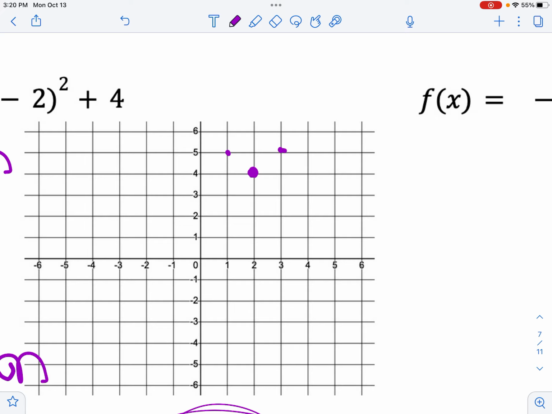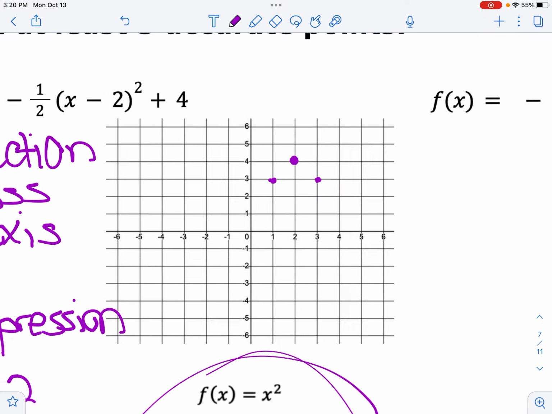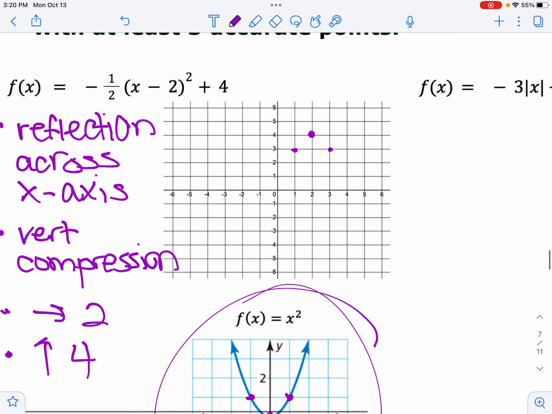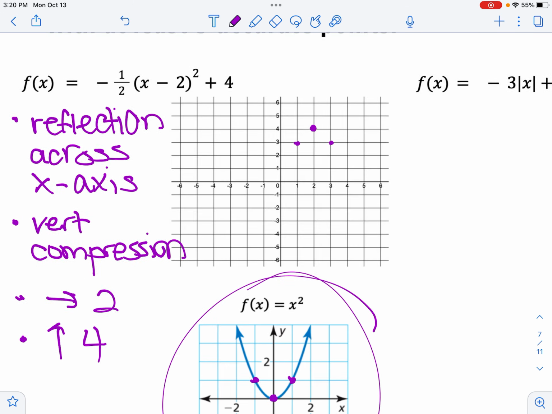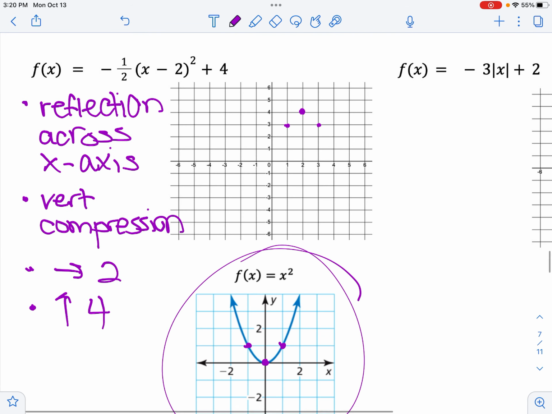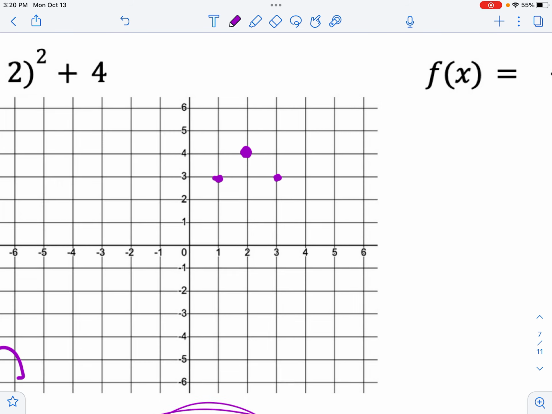But it's upside down now. So it's going to be this way. Okay. And then instead of going 1 unit down, I'm going to have to go a half a unit down. So it will actually be right here instead, and right here.